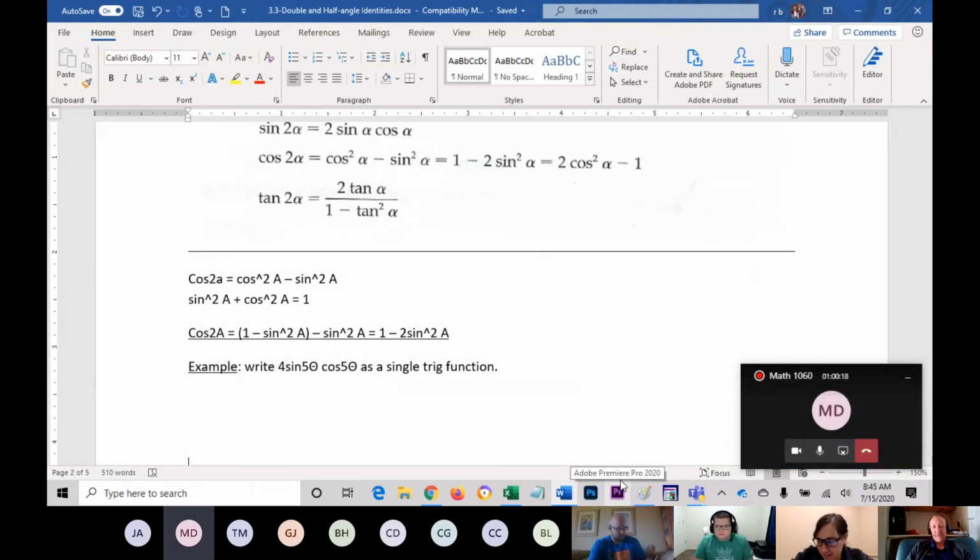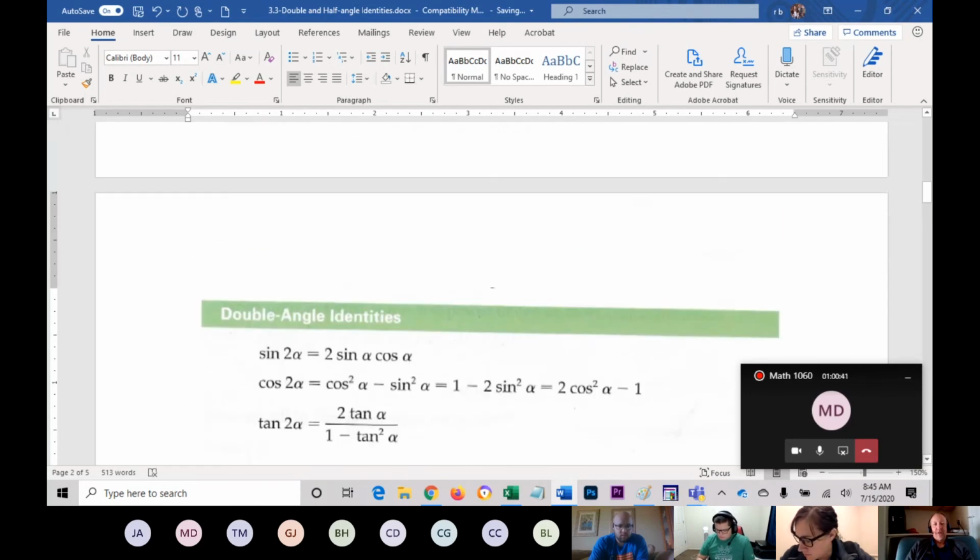So we want to write 4 sine 5 theta cosine 5 theta. If you want, let's change that to x because I can't write thetas. So 4 sine 5x cosine 5x. We want to write it as a single trig function.